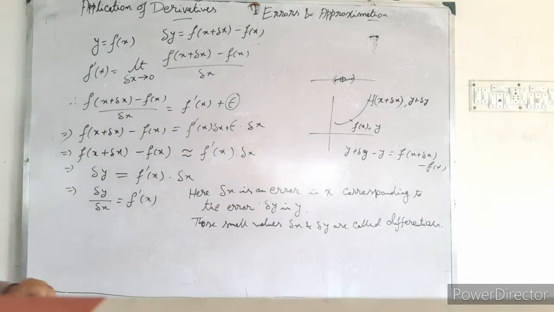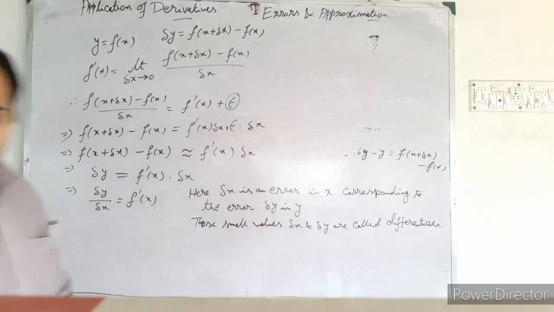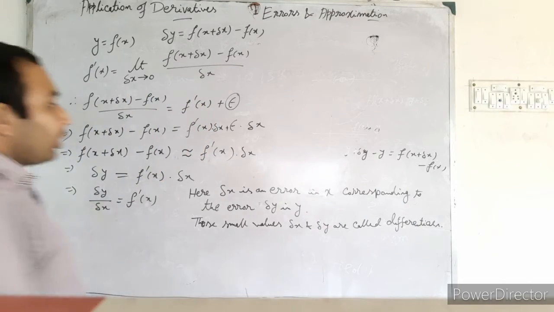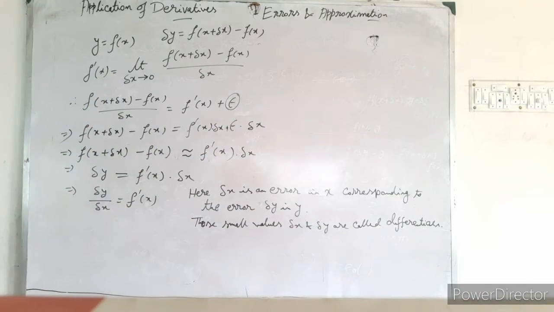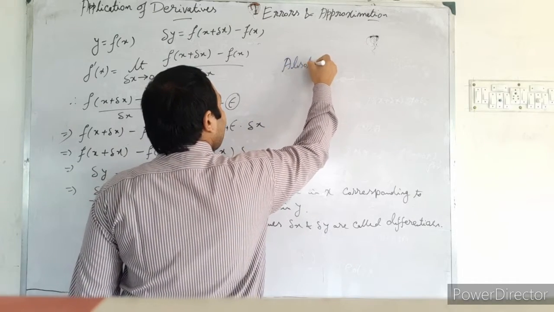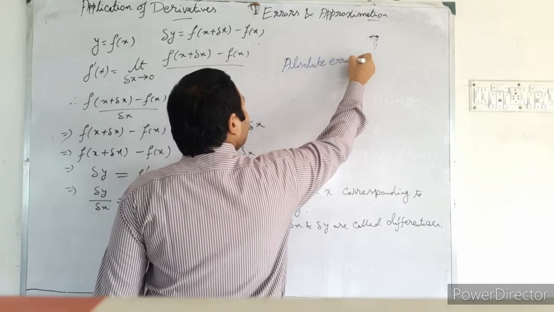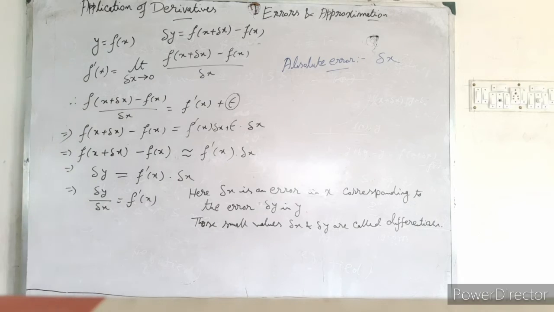Okay, so now there are three types of error. This is the definition of the error or whatever you can say. So now three types of errors are there, that is absolute error, relative error and percentage error. So absolute error I am writing here like that. Del x is called the absolute error.